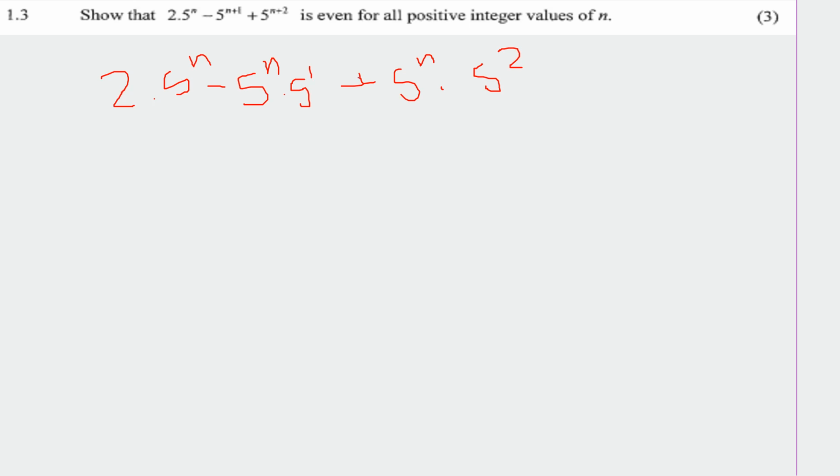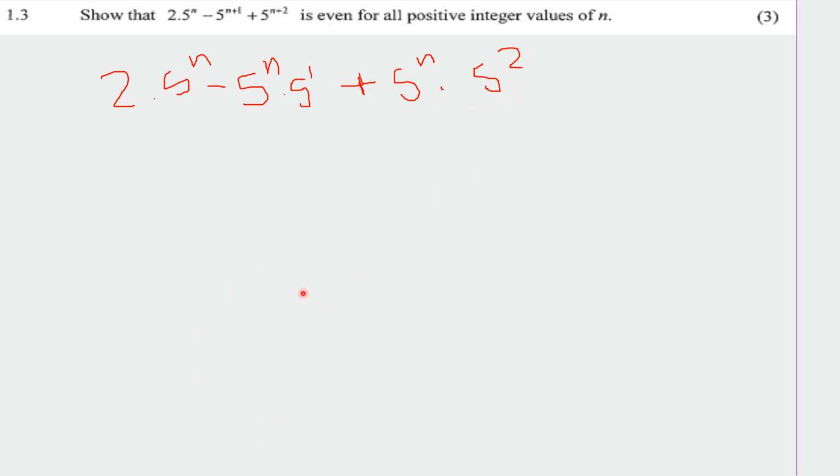Remember, when you multiply the same base, you add the exponent. So I'm just expanding this: 5 to the power of n plus 1 is the same as 5 to the power of n multiplied by 5 to the power of 1. Same applies here: 5 to the power of n plus 2 is the same as 5 to the power of n multiplied by 5 to the power of 2.